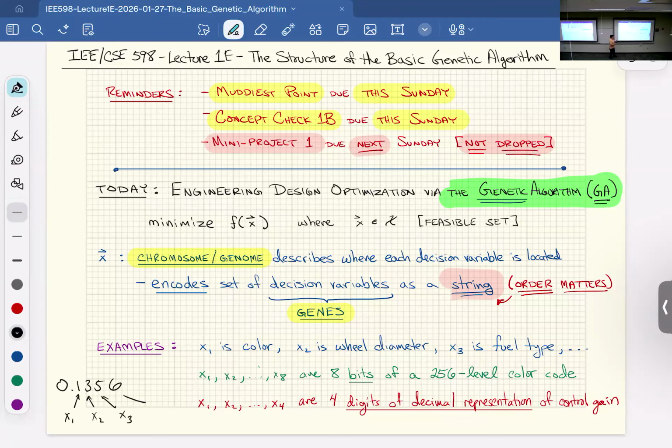And my convention is that each place, each gene in my chromosome, is a place value of this number.